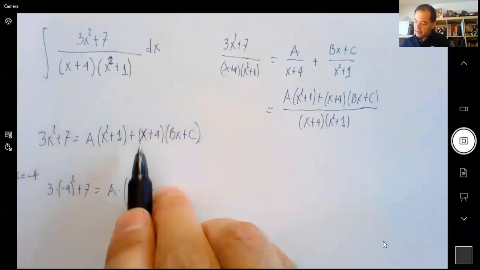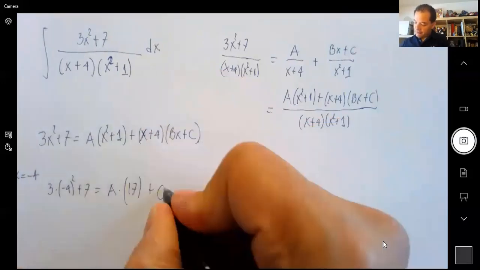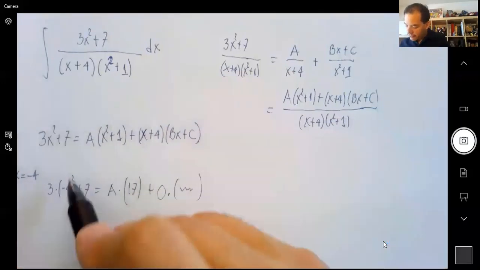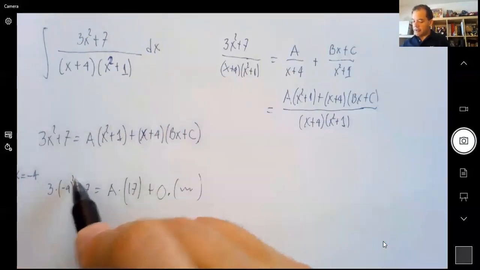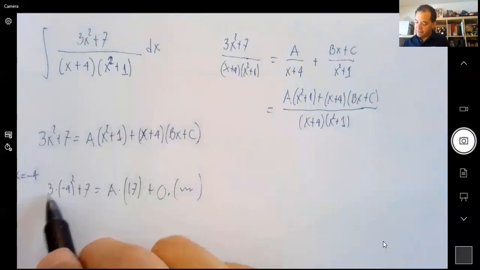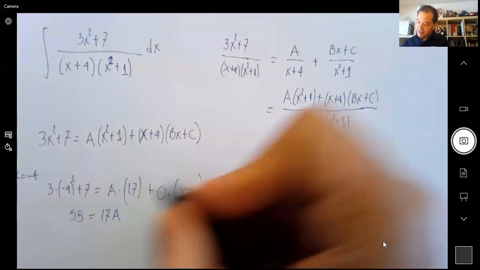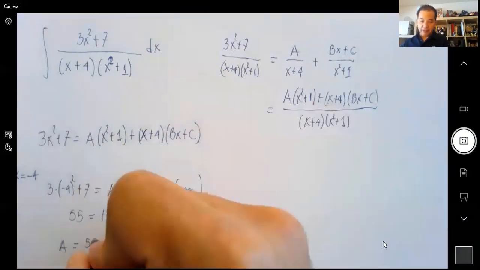And here -4 plus 4 is 0 times stuff, so I don't care, this will be 0. So (-4) squared is 16 times 3, that's 48, plus 7 is 55, equals 17a. So that means a is 55 over 17, right?